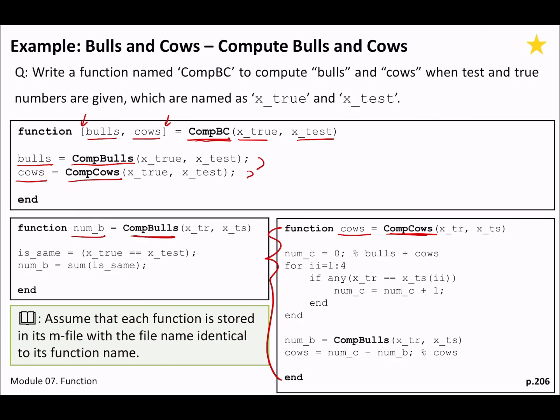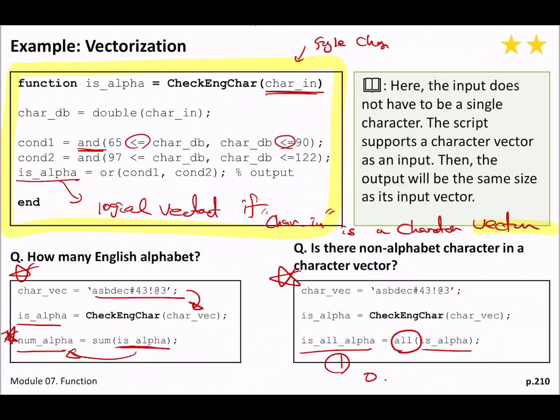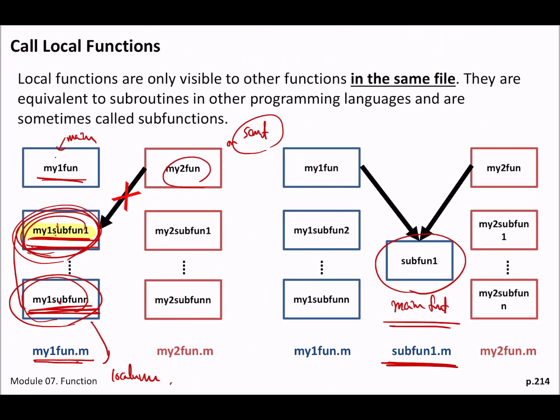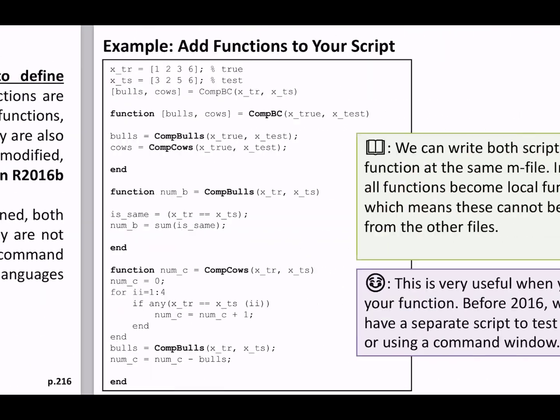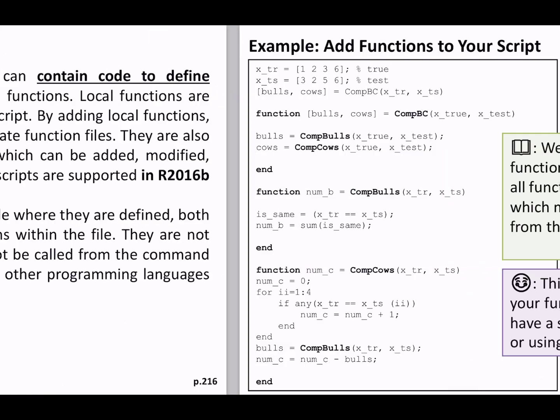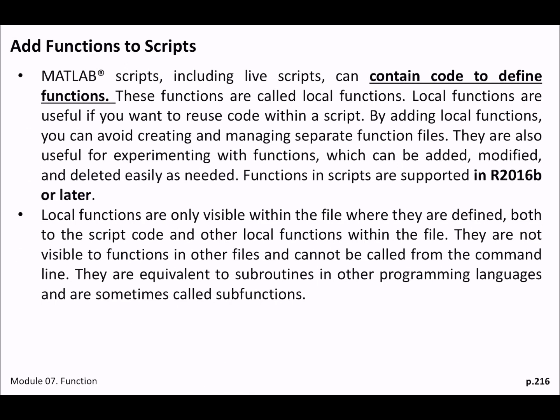However, since 2016, you can include the functions in the script. That's extremely convenient for testing purposes. Okay? Since the functions are part of the script, all these functions become local functions and cannot be accessed outside, but you can include them in this script and then test the function using the one script file.